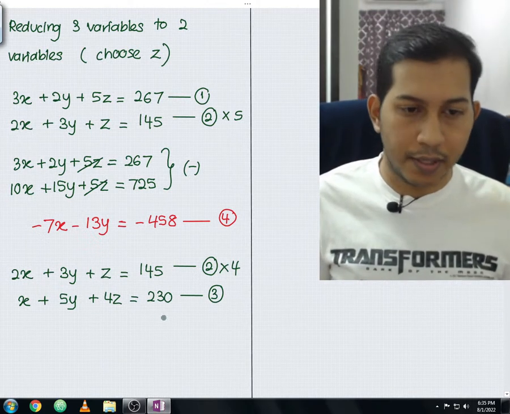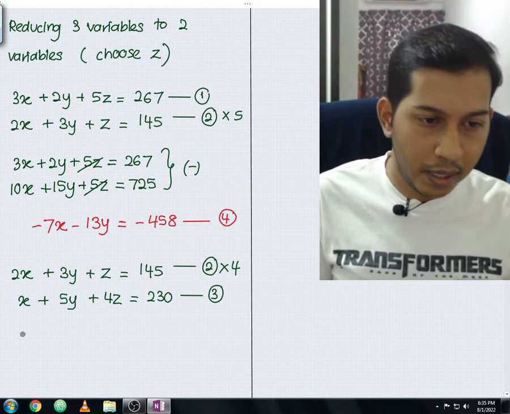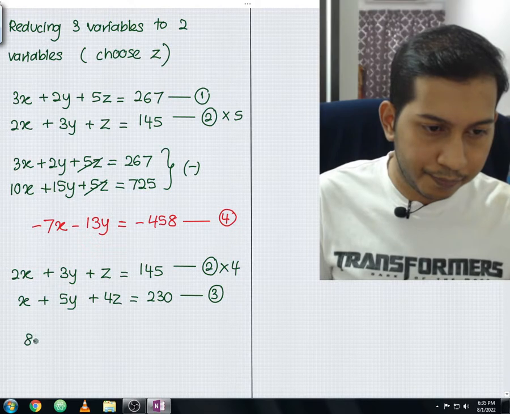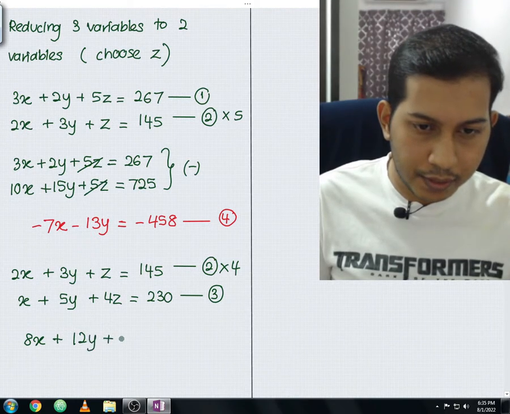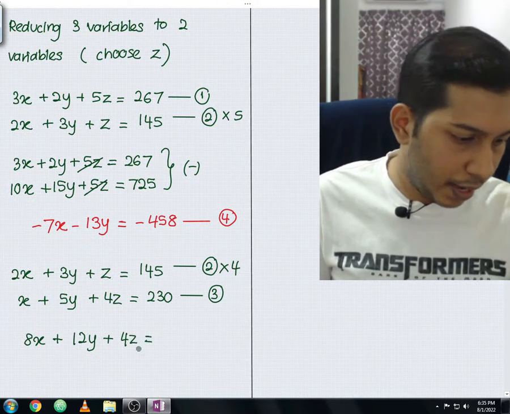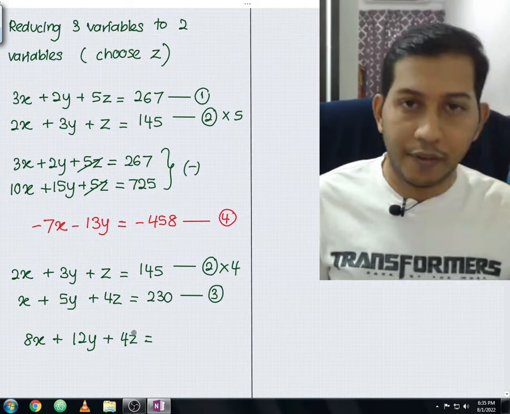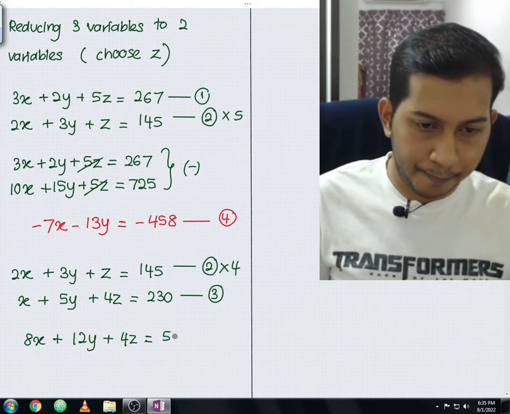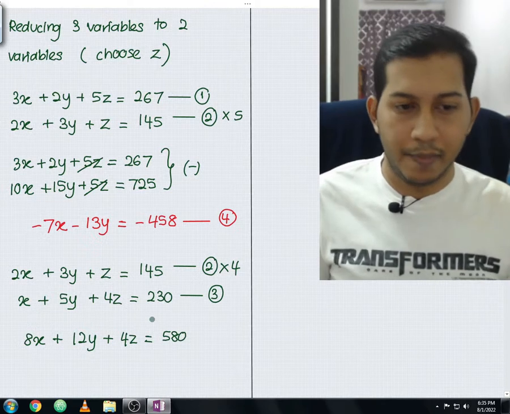These two equations. So from here, your equation 2 will be 8x plus 3 times 4, 12y, plus 4z, and in this case you will get equals 580. This equation remains the same.